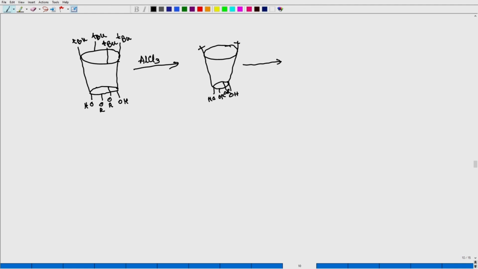For example, E plus will be added, and actually we can replace all of them after that.